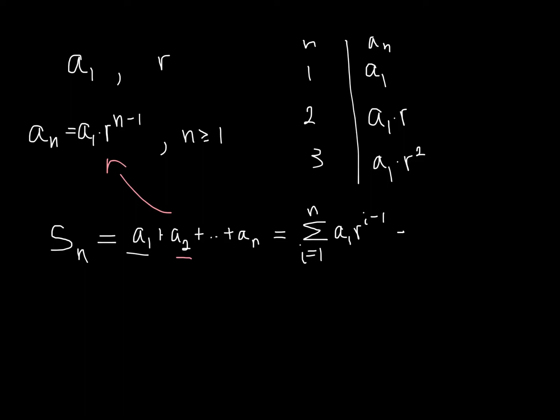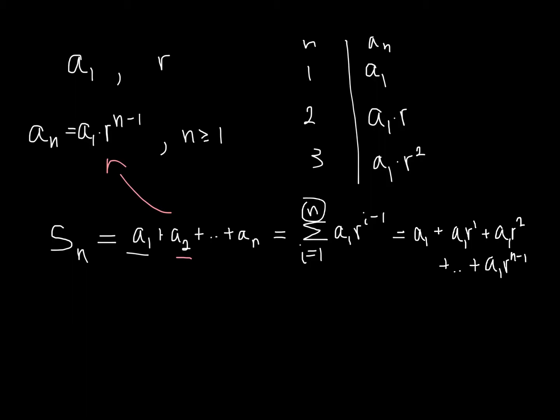And so now to expand this all the way out into the form we're used to, the first term, or in other words, when i is 1, I just have a sub 1, and then the sum says to add, and then i will be 2, so I'll have a sub 1 r to the 1, and then the third term, when i is 3, a sub 1 r to the 2, all the way out until I get to n, and that will be a sub 1 r to the n minus 1.